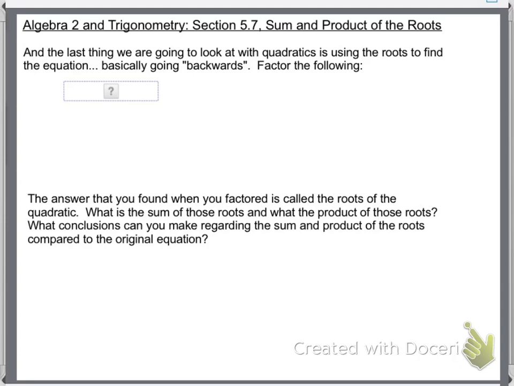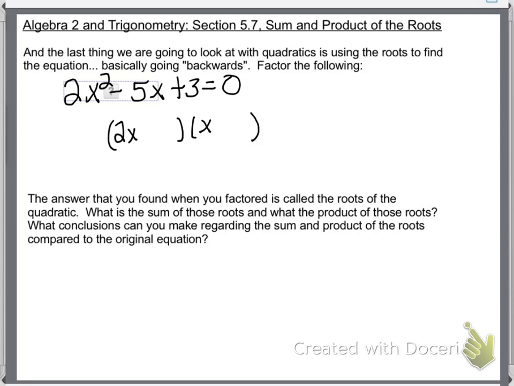So you have 2x squared minus 5x plus 3 equals 0. So reverse FOIL this. Well, we know we have 2x and x. We know we have 3 and 1, so we have to think about order.